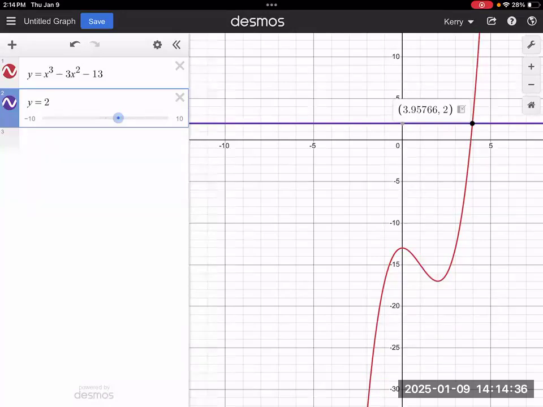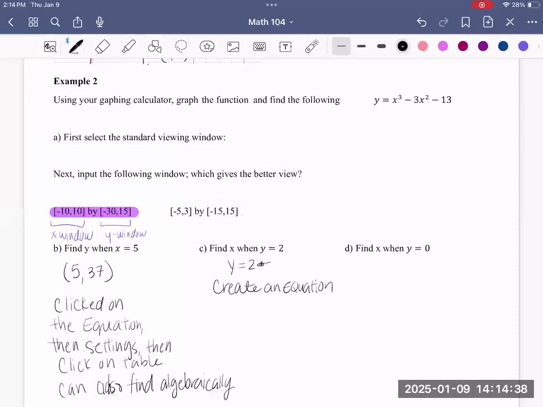So that would be our X value. When X is 3.96, comma 2. And you'll notice that I like putting it into a coordinate.